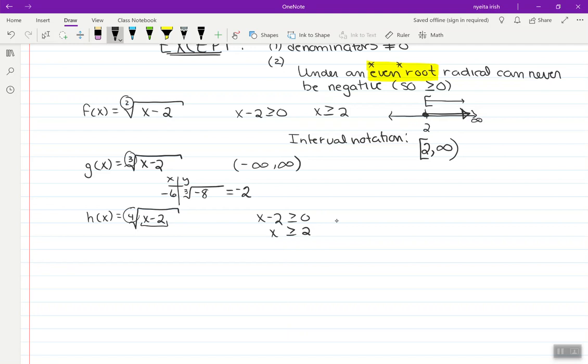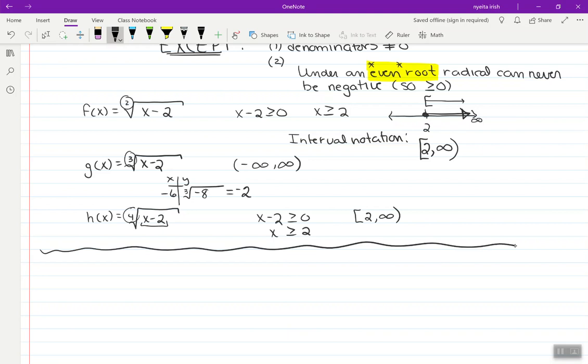So it's going to come out the same exact answer as my f of x domain, from 2 to infinity, including the number 2, because there's an equals on there. You can have the expression under the radical equal to 0, because you can take the fourth root of 0 or the square root of 0. You just can't take the fourth root or the square root of a negative number.